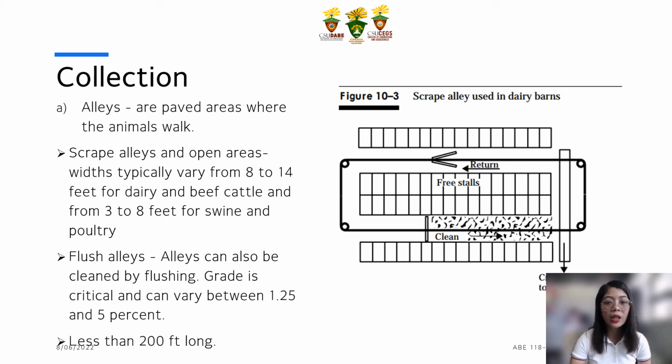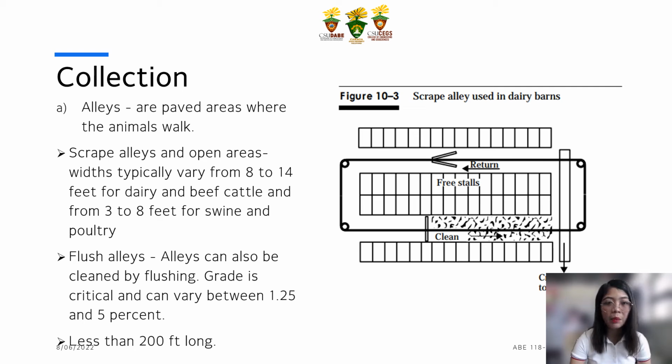So it is propelled using electrical drives attached to cables or chains. So we also have the tractor scraper. The tractor scraper can be used in irregularly shaped alleys and open areas where mechanical scrapers cannot function properly.